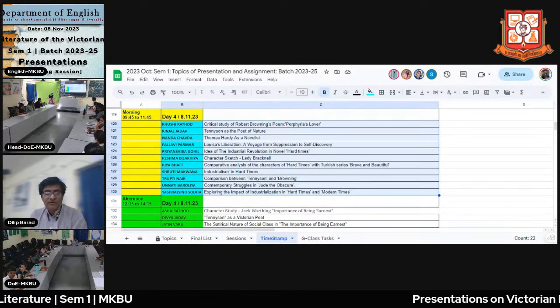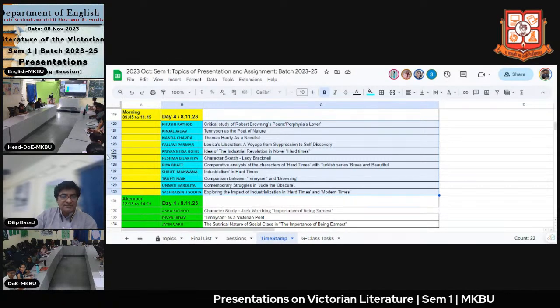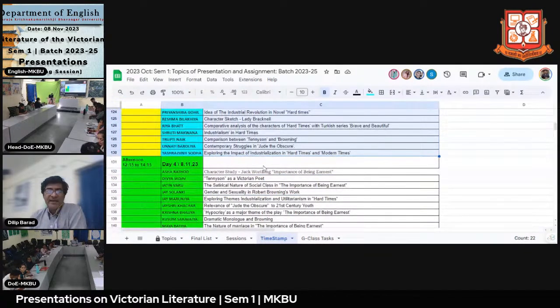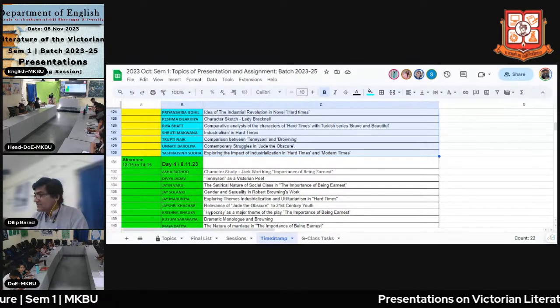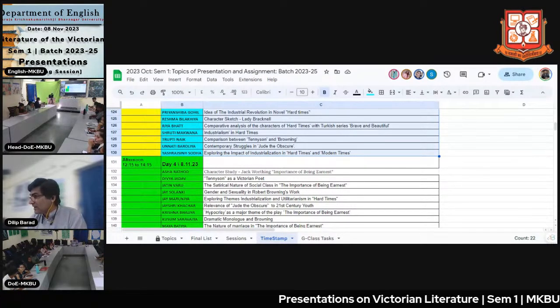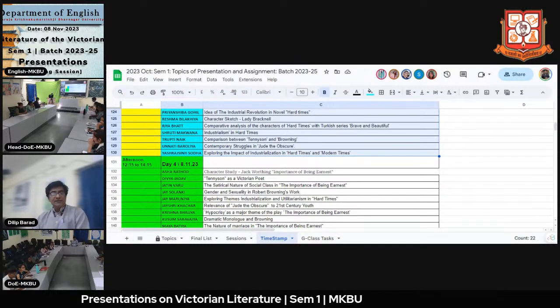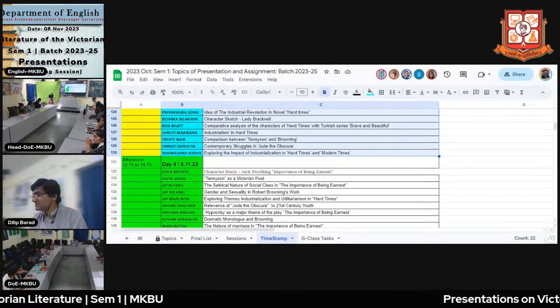Shruti will make it on industrialism in Hard Times. I think that is unnecessary. Apostrophe above M. Hard Times is a title, so at least single inverted commas are to be used whenever you write the title. And as we told you, this is a habit that you have to cultivate when you write handwritten answers also.